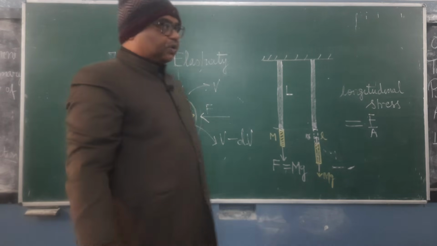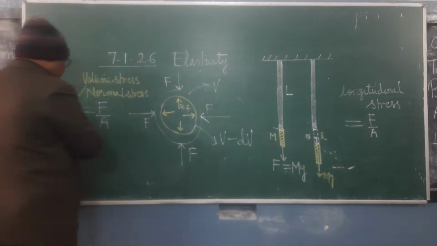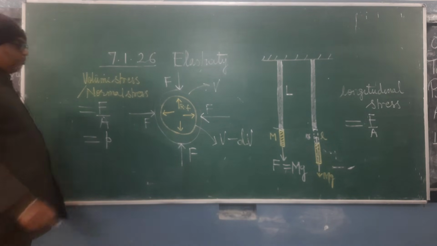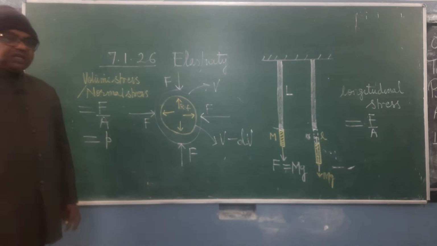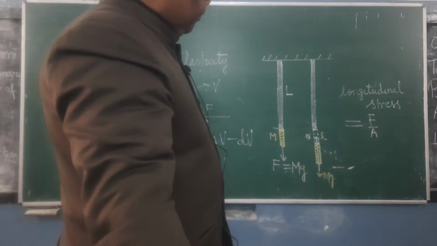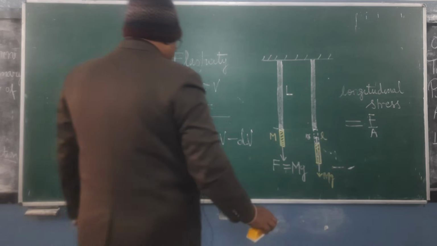If it is acting per unit area, then that is known as pressure. So here volume stress will be equal to the pressure. It is clear? Now after this, there is one more, shearing stress.